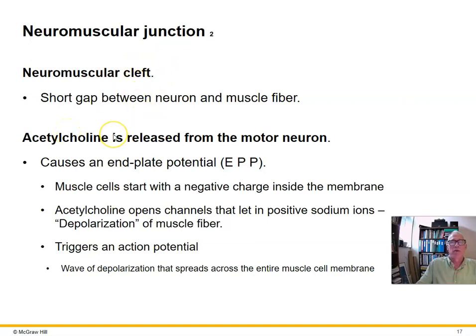When the motor neuron is activated, it releases a neurotransmitter. The neurotransmitter in the case of neuromuscular junctions is acetylcholine. Acetylcholine is released by exocytosis. It diffuses across the cleft and binds to receptors on the motor end plate, on the muscle cell.